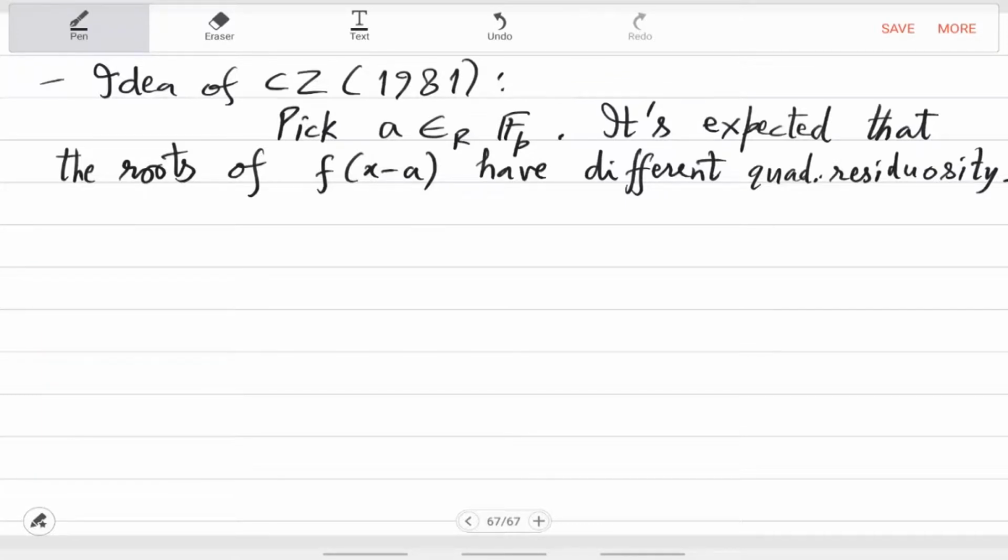You know how to test for square, right? How do you test that? You take the GCD with x to the p minus 1 by 2 minus 1.